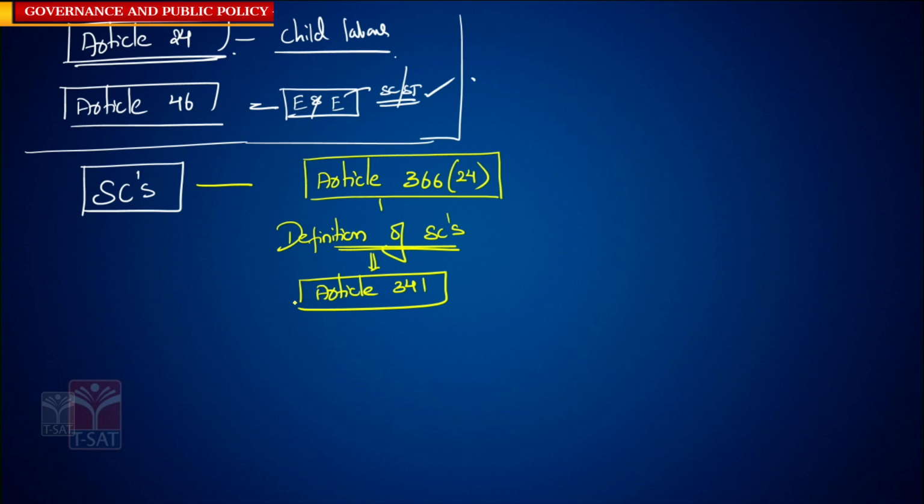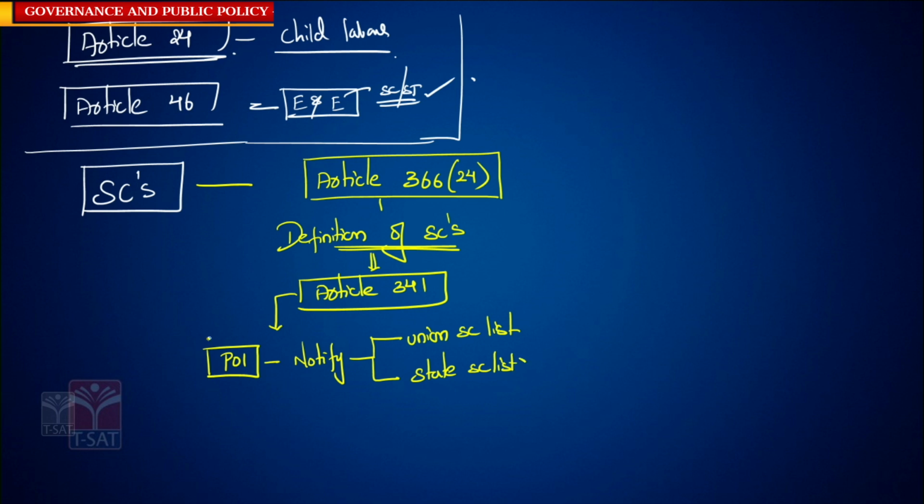Now what is Article 341? Article 341 says the President of India has the authority to notify a union SC list and a state SC list.